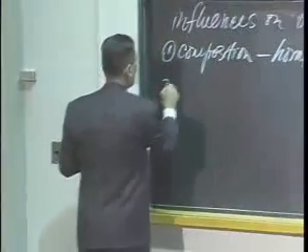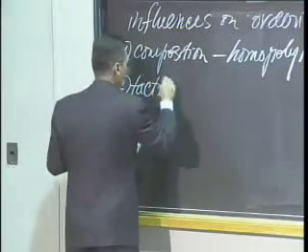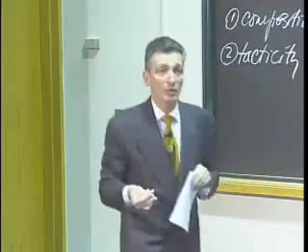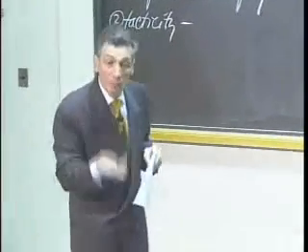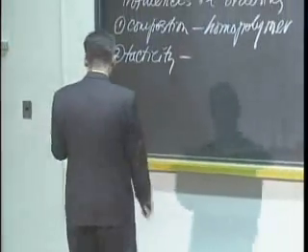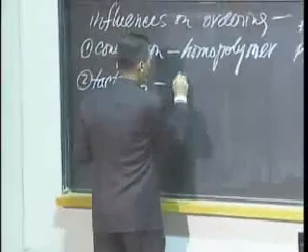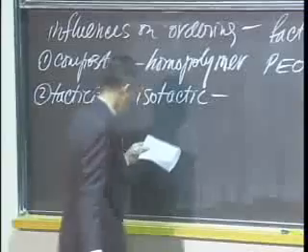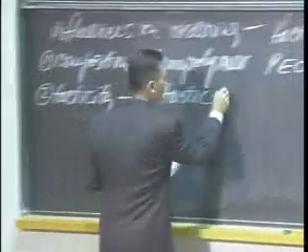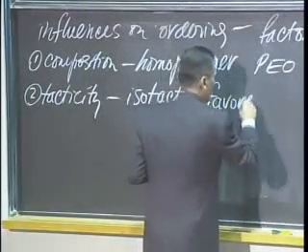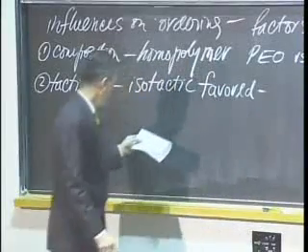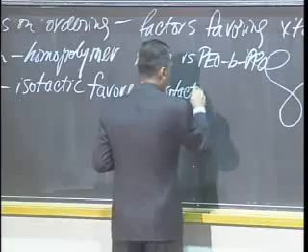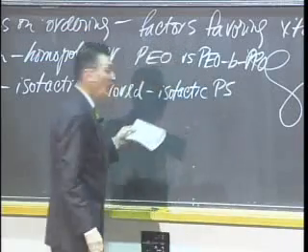The second factor we want to look at is tacticity. You've got the three forms of tacticity: isotactic, syndiotactic, and atactic, and the one that's more readily willing to pack is going to be isotactic. So the isotactic version will be favored from the standpoint of crystallization, and we have evidence that isotactic polystyrene is highly crystalline.